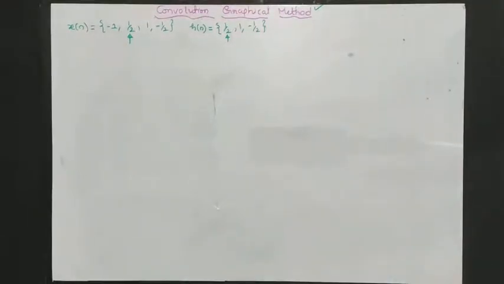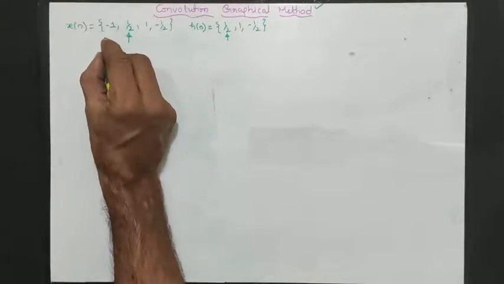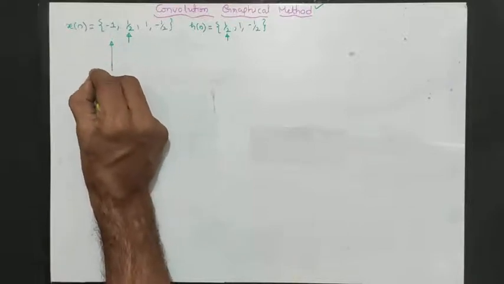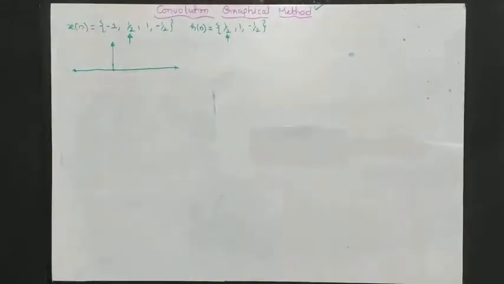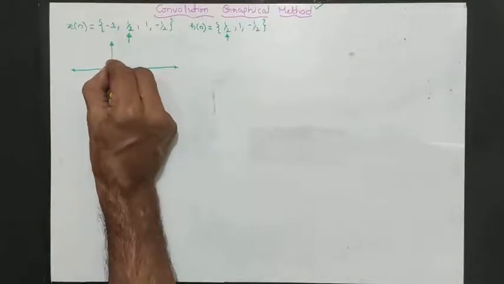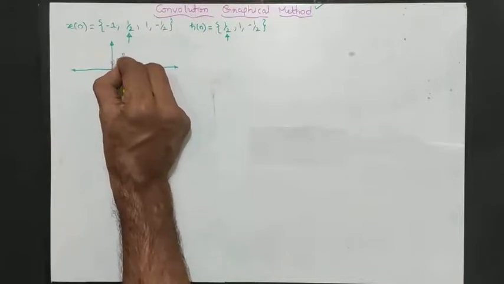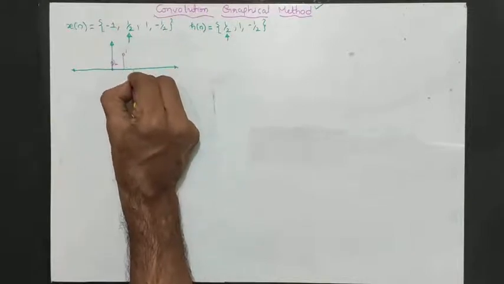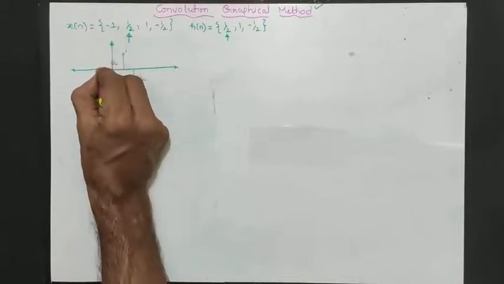Try to understand the graphical method. In the graphical method I will be just drawing these two signals. Let me draw the first signal, that is x of n. At the 0th instant half is there, then 1, then -half, and on the negative side -1 is there.